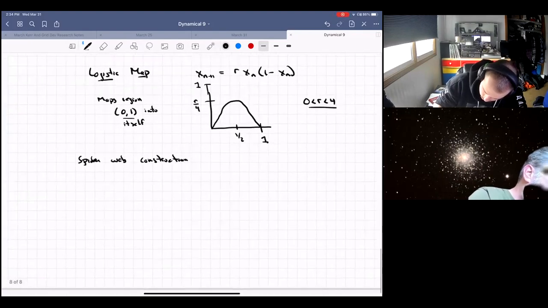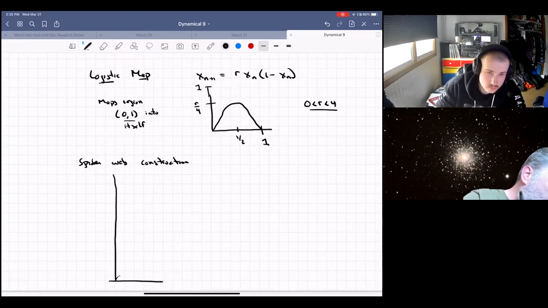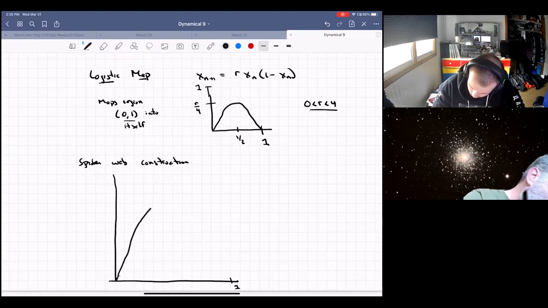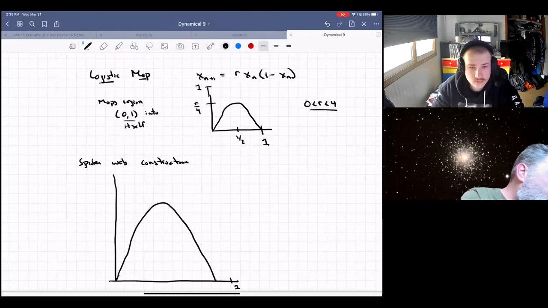So let me show you a spider web construction. Let me try to draw this a little bit better.